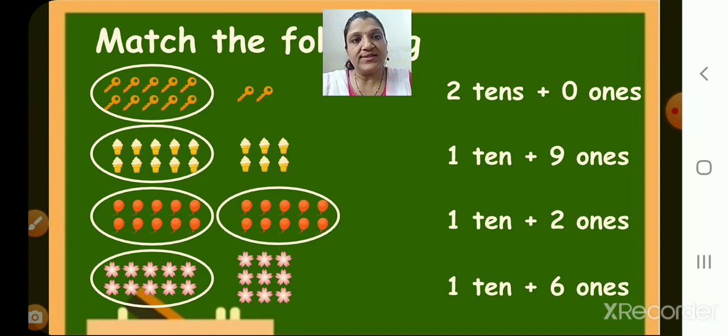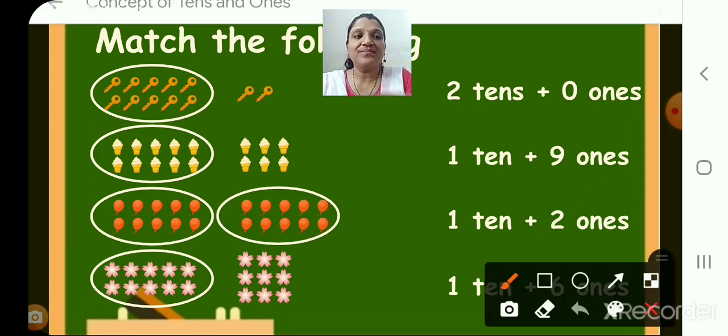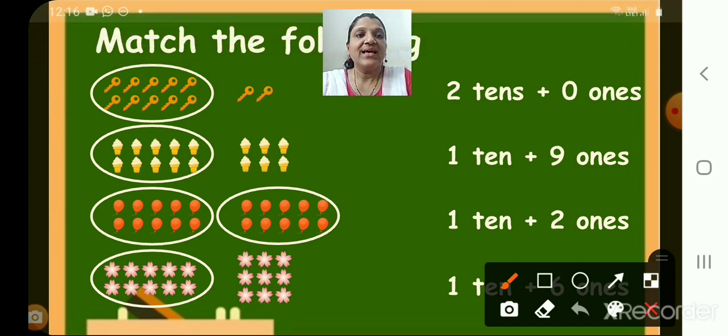Let us see the first picture. We find keys over here. In these, there is a group of 10 keys and 2 loose keys. So, we call it as 1 ten plus 2 ones. And where do we find it? Yes, here, 1 ten plus 2 ones.